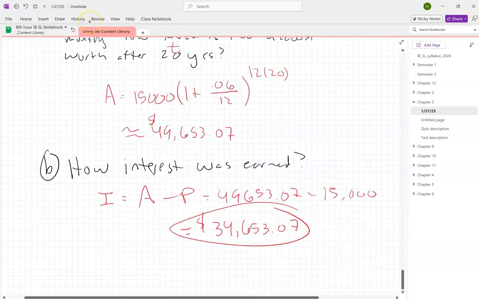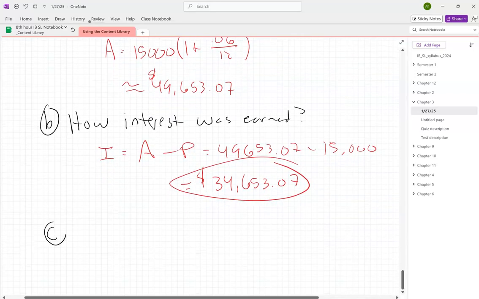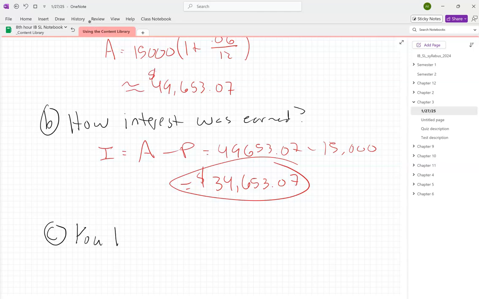What if instead we ask, you have $1,000 to invest in an account that compounds quarterly.